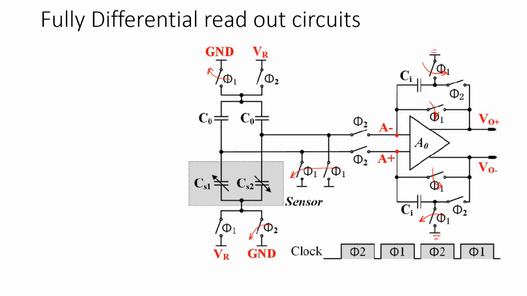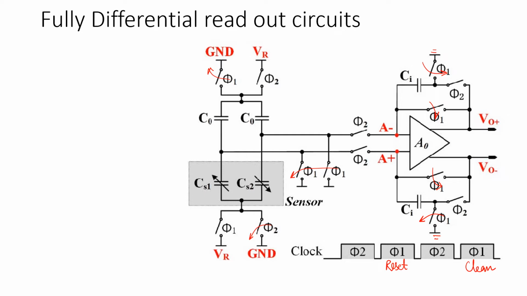So Ci will get discharged. So this is more like an integration capacitor. So how is this happening? So all these are closed. So now we understood that phi 1 is almost a reset, or it cleans up the value on the capacitance.